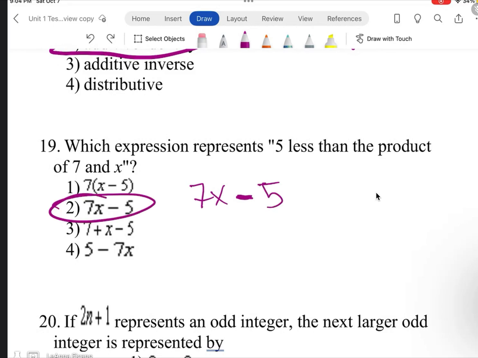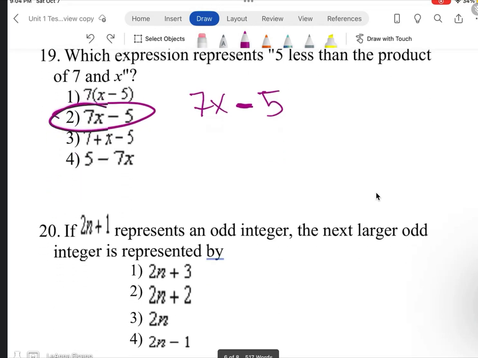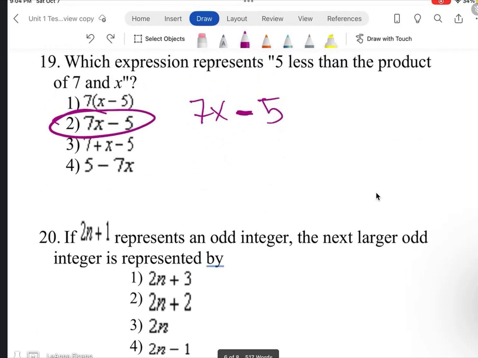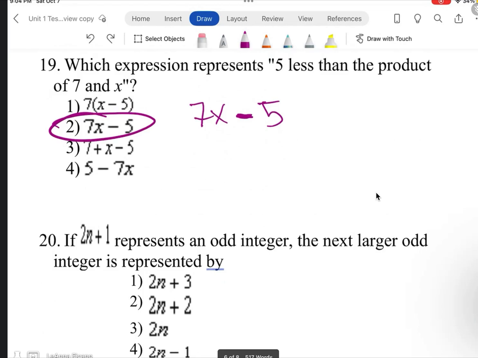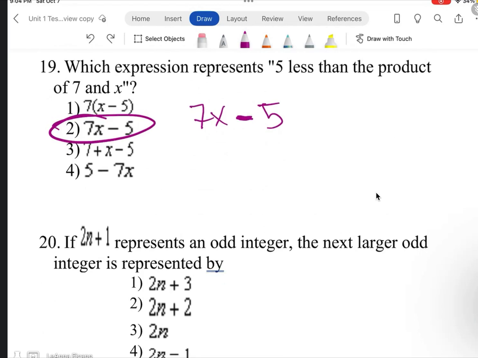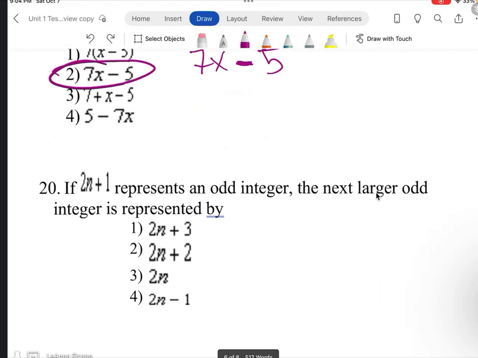Your answer is 2. I know it's kind of weird sometimes the way they word this stuff. You're just doing your best to translate it. That's what I do. You're translating it into mathematical language from English. So a lot of times it's just like saying the sentence and explaining what that means in math.